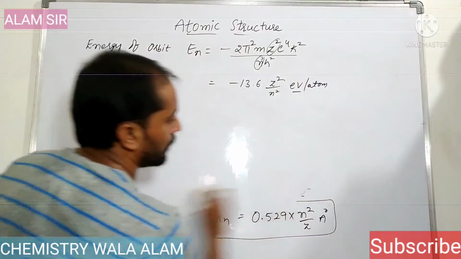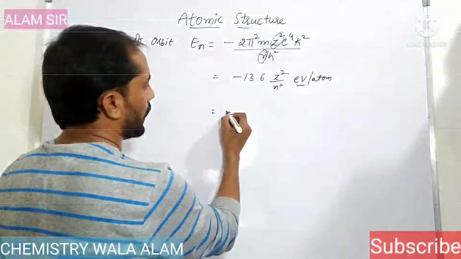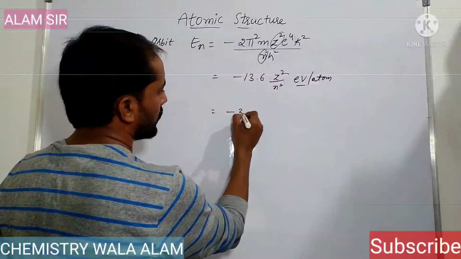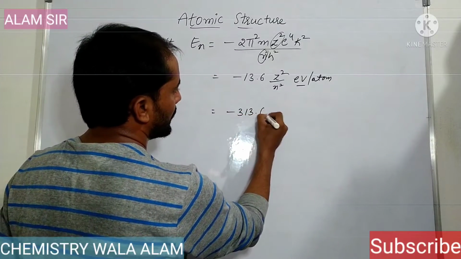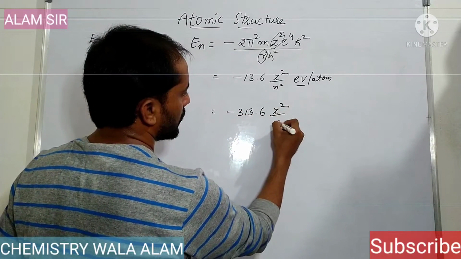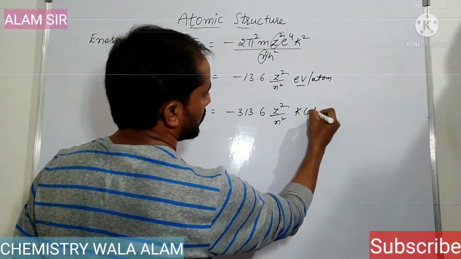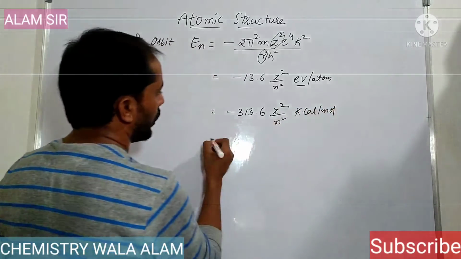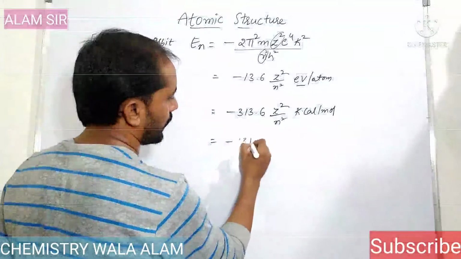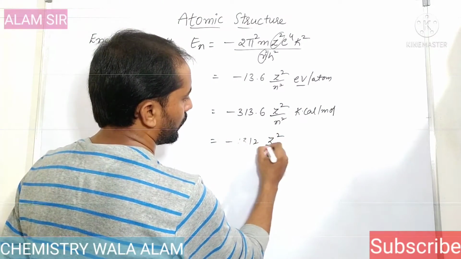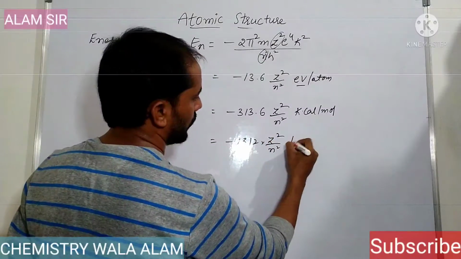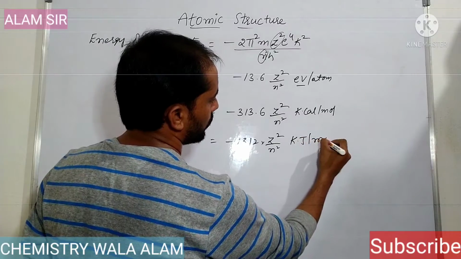Or in kilocalories, minus 313.6 z square by n square kilocalories per mole, or in kilojoules, minus 1312 z square by n square kilojoules per mole.